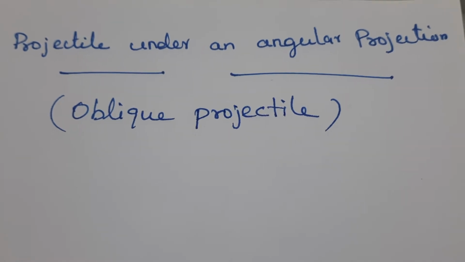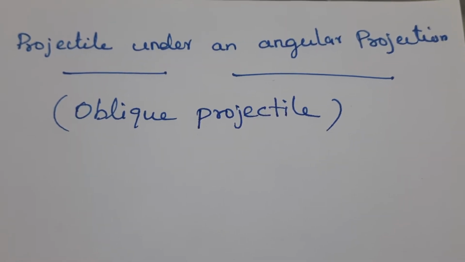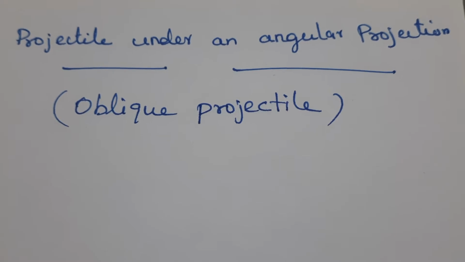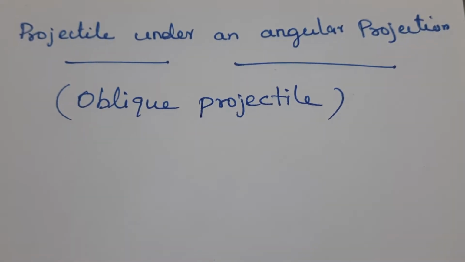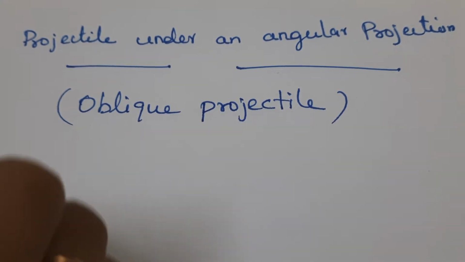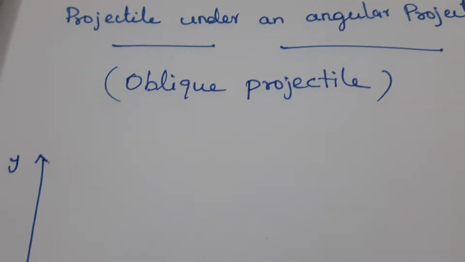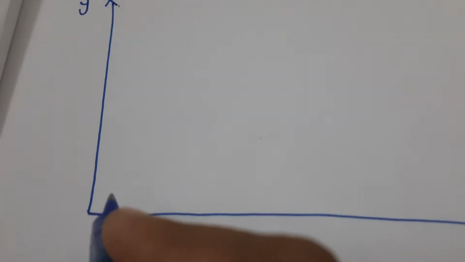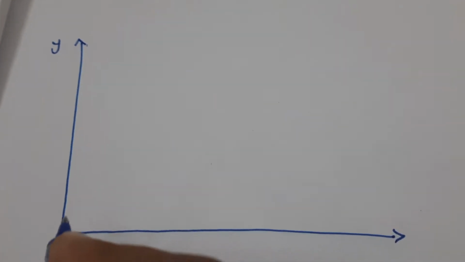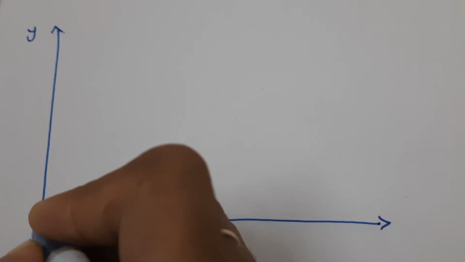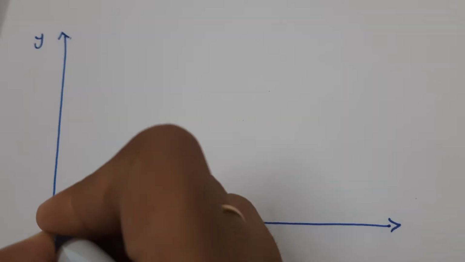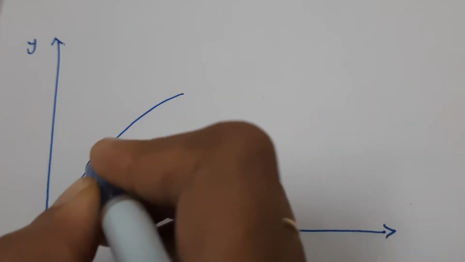So here, consider an object thrown with initial velocity. This is the ground. You can choose this as the x-axis. This is the y-axis. An object is thrown with initial velocity from this point, and this object moves like this.